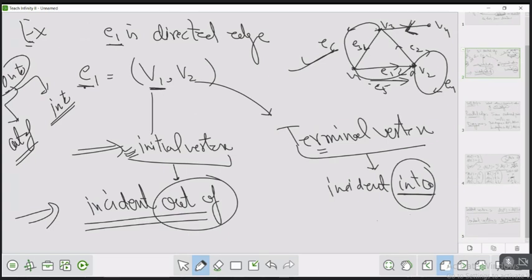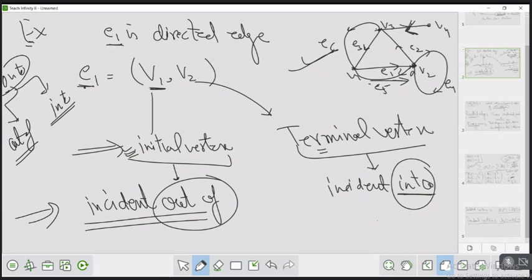Then again the out degree is 1, in degree is 0, so 0 plus 1 is equal to 1. So these are the basic terminology for the digraph. Clear?